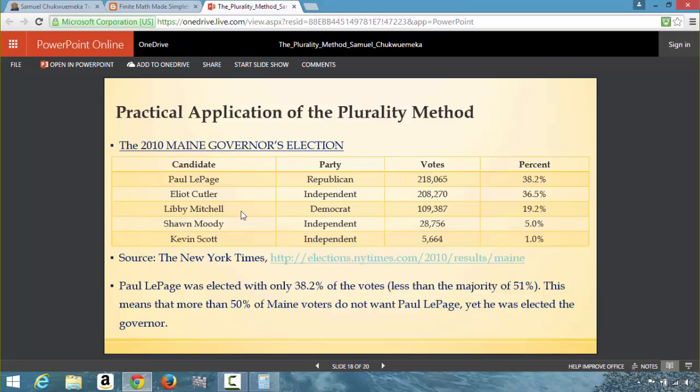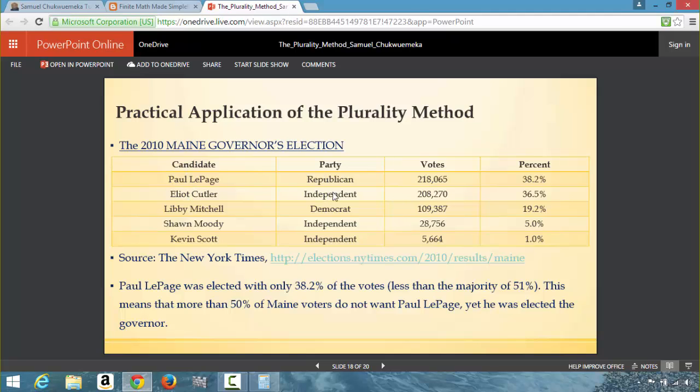And Libby Mitchell was the nominee from the Democratic Party. So look at the votes that were counted. Paul LePage won 38.2% of the votes. Elliot Cutler, 36.5%.